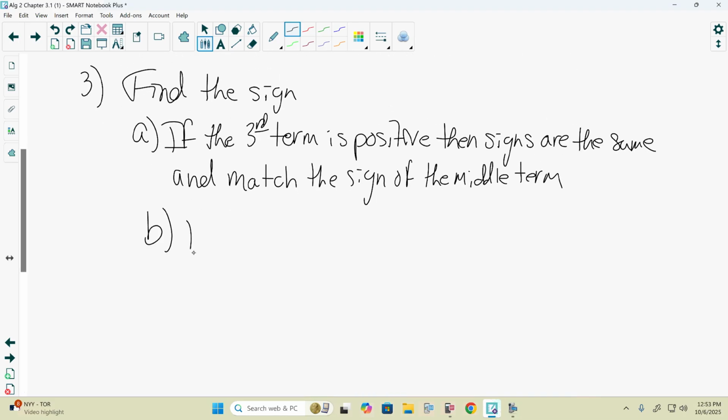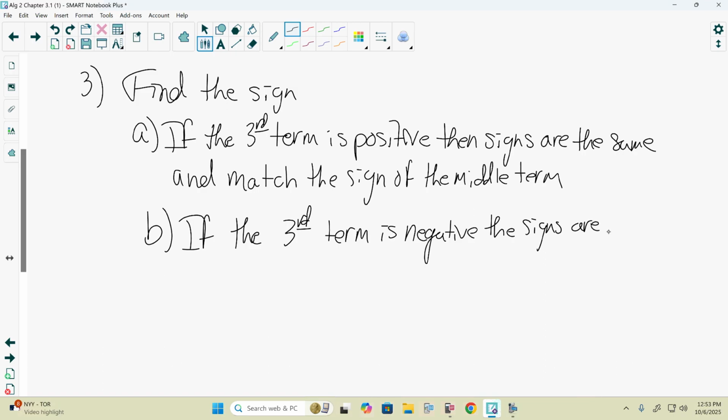If the third term is negative, the signs are opposite.